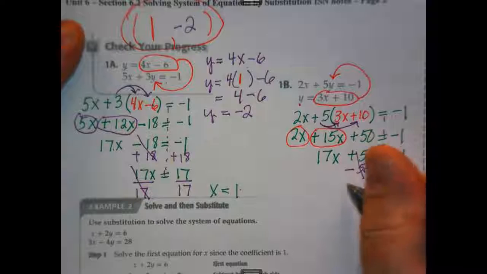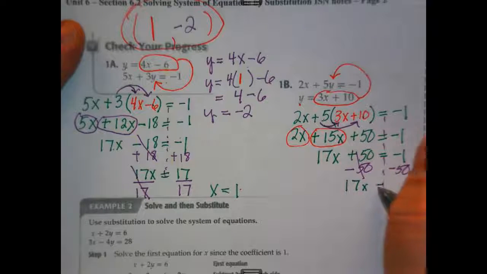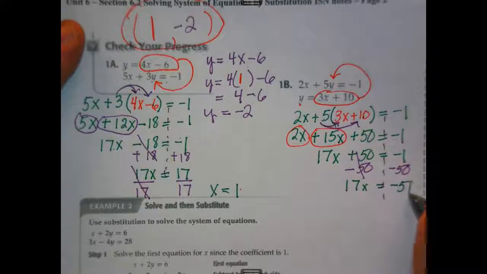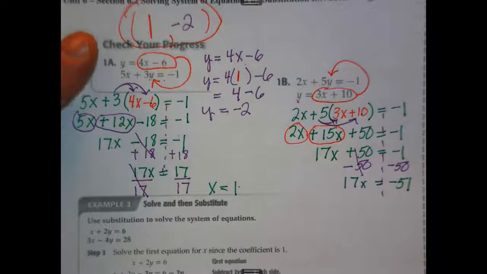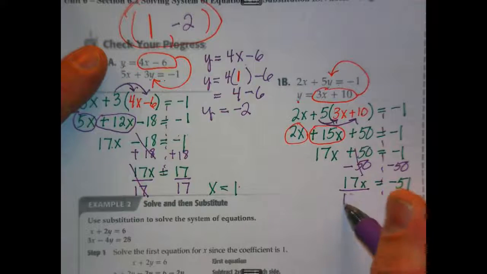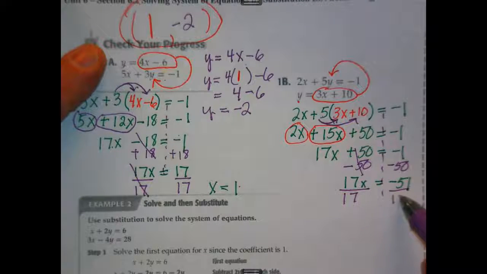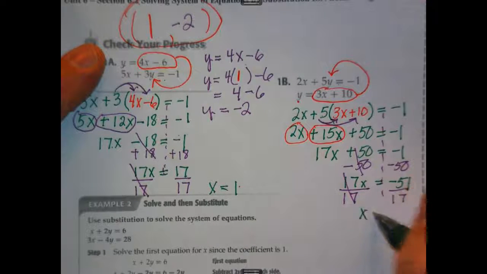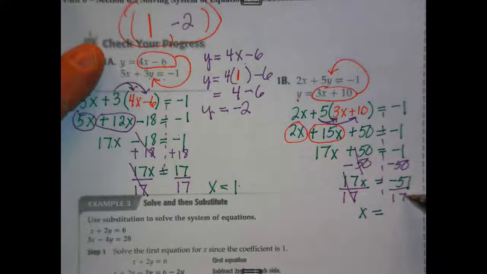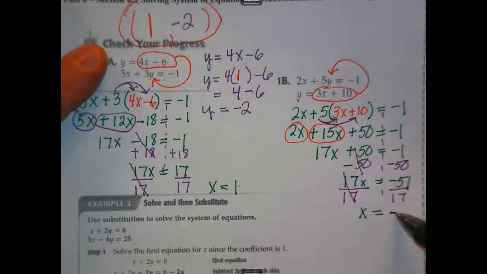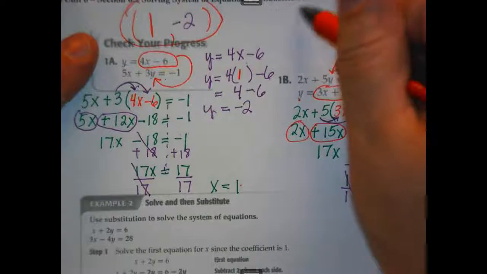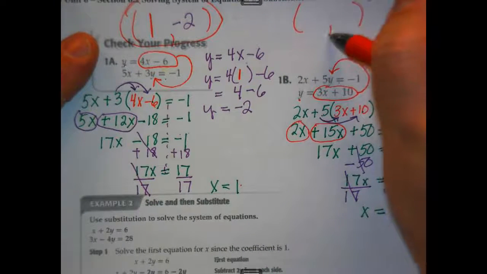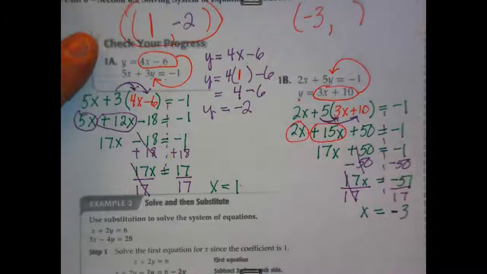I get 17x equals -51, and I bet you 51 is divisible by 17. Divide both sides by the coefficient 17. So my x is going to equal, let's see, I have a negative divided by a positive, so it's going to be -3. Good. So I know this is going to be a point where my x is going to be -3.